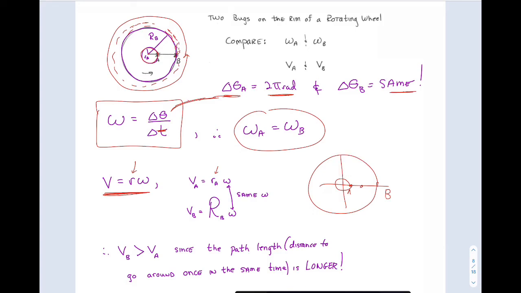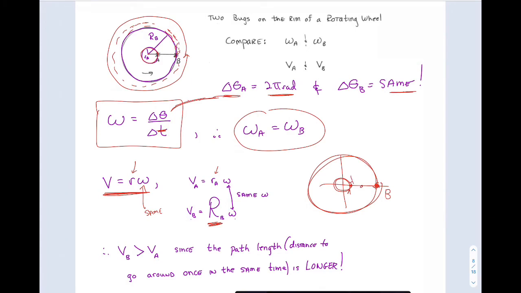So in the same time it takes bug A to go from here to there, bug B has to go the huge distance. So the speed of bug B is that huge radius times the same omega. Even though omega is the same for each bug, the radius isn't. So the farther you're out from the center, the bigger your linear speed is.